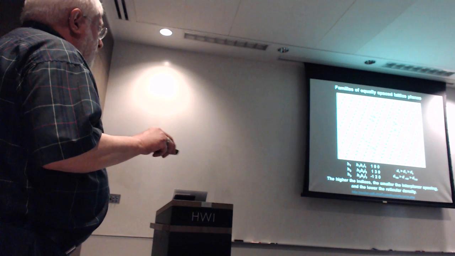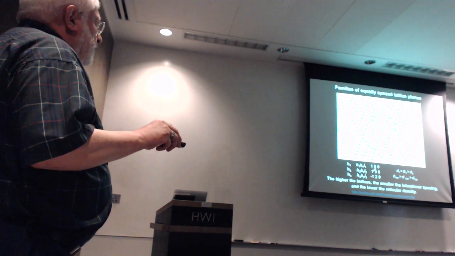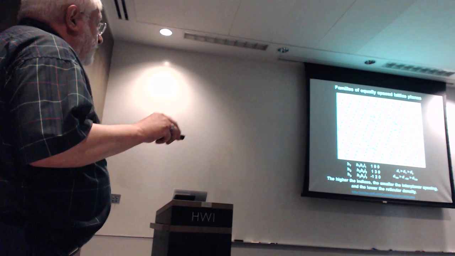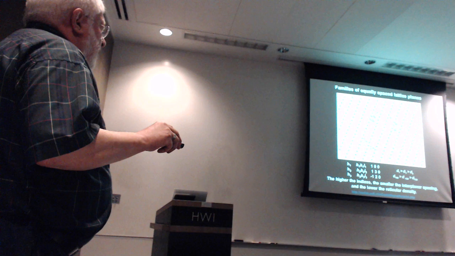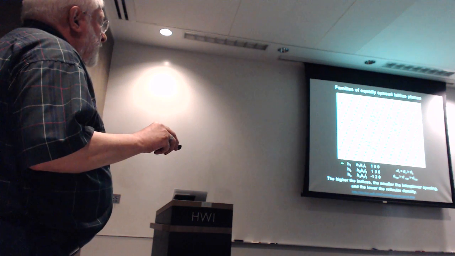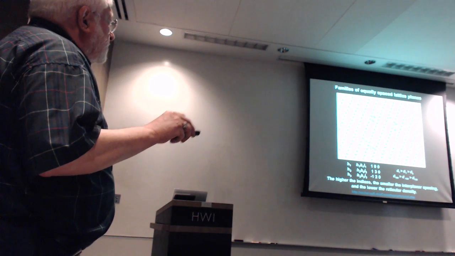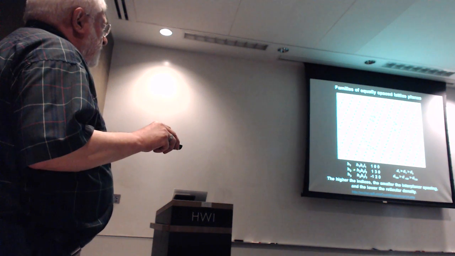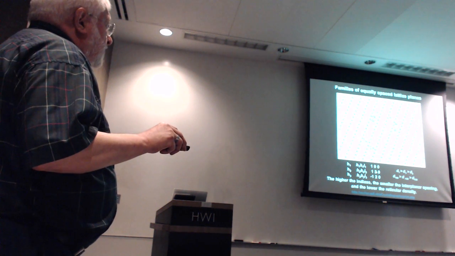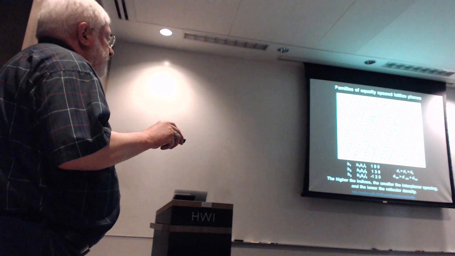And so we look at the labeling for these three families of planes. These represent the family 100. Over here, this slanted family represents the set of planes 130. Now, how does that arrive?